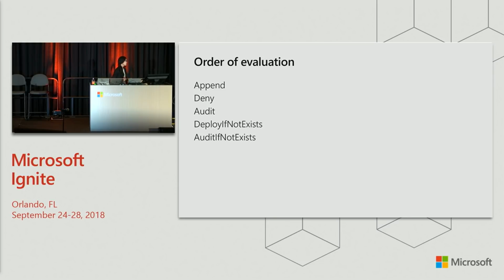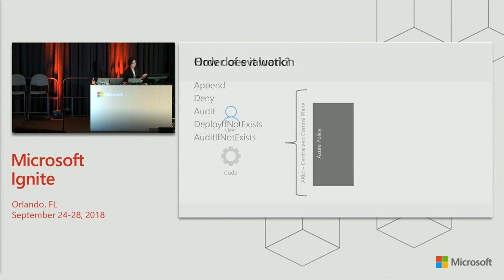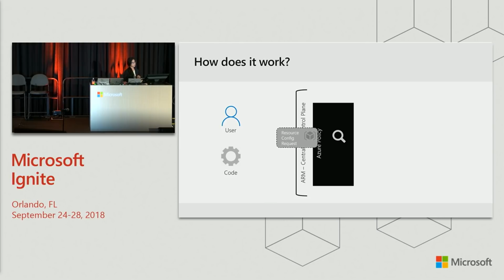But there is an order in which we run our policies. When a resource request comes through, we check the list of policies that this resource needs to be evaluated against. Then we run all of the append policies first, because that actually changes the resource content.